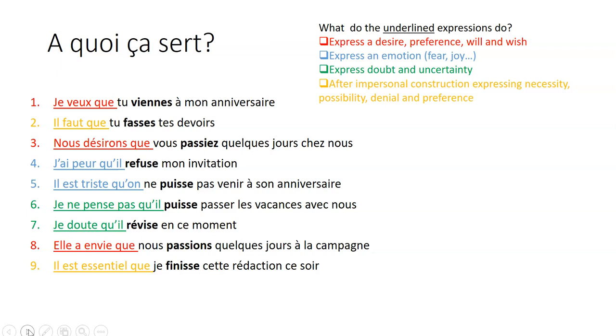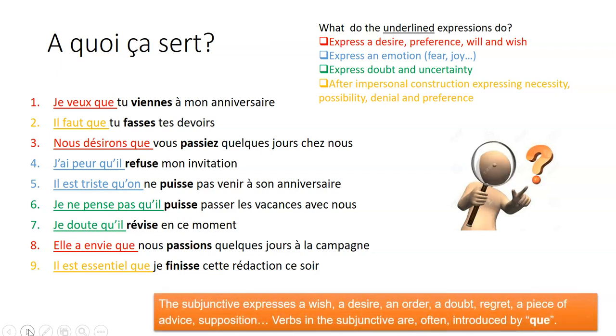Let's observe a little bit closer. Look at these triggers. That's what I would call triggers in color. What do they all have in common? Well, what they all have in common, I hope you've noticed it, is that they are usually followed by the conjunction que.